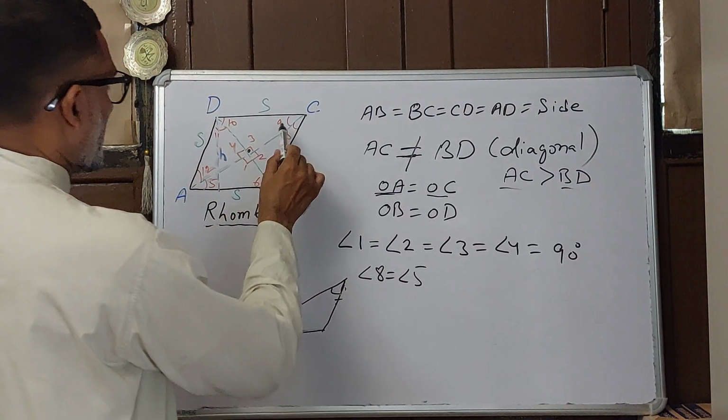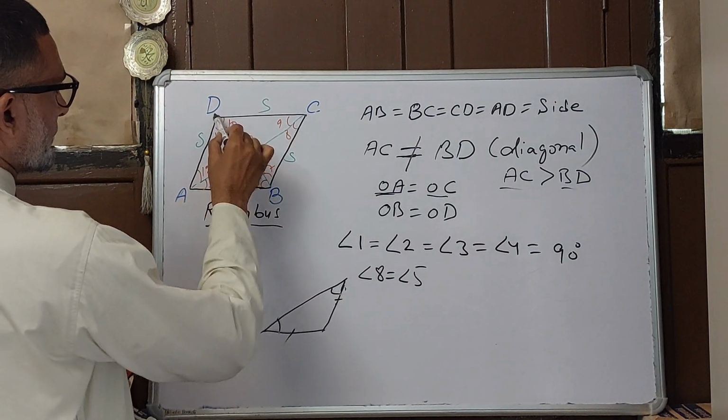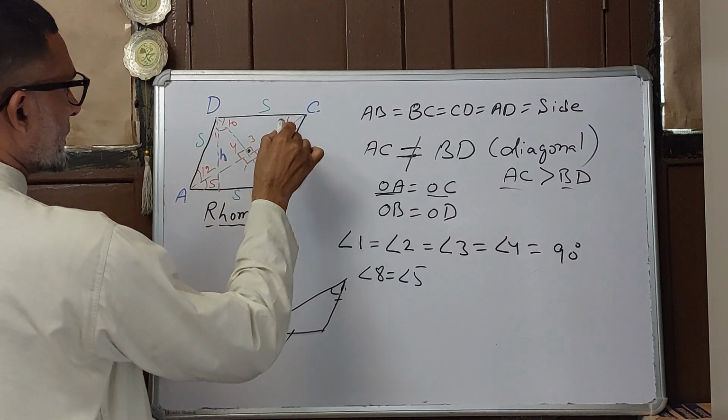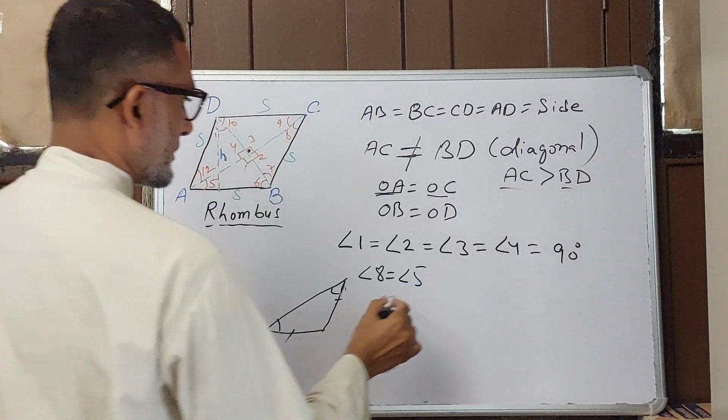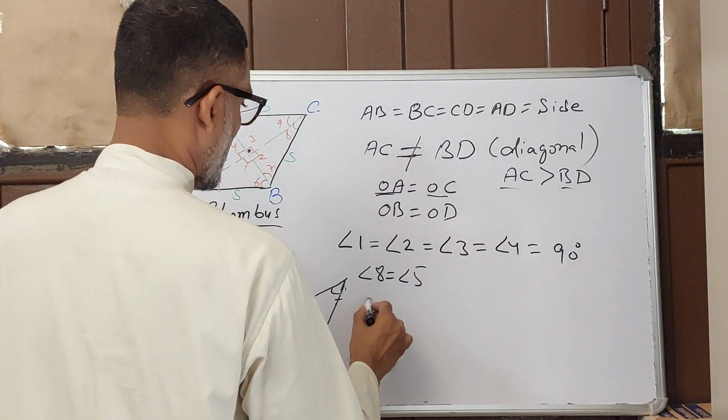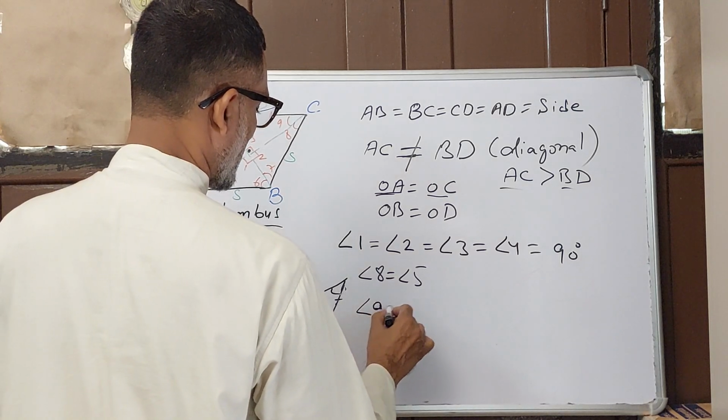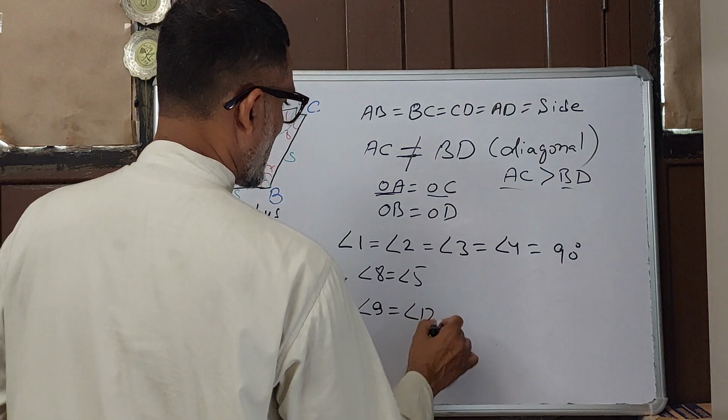And like this in the figure, DAC, angle 9 is equal to angle 12.